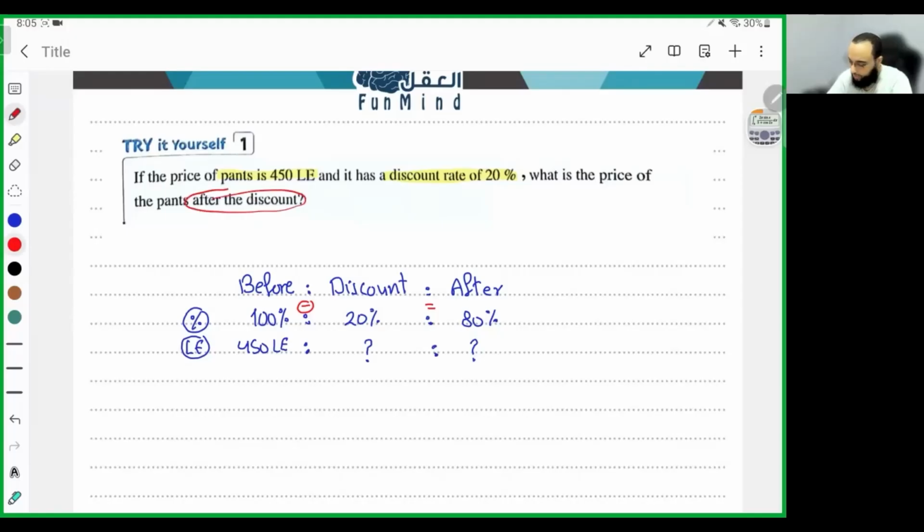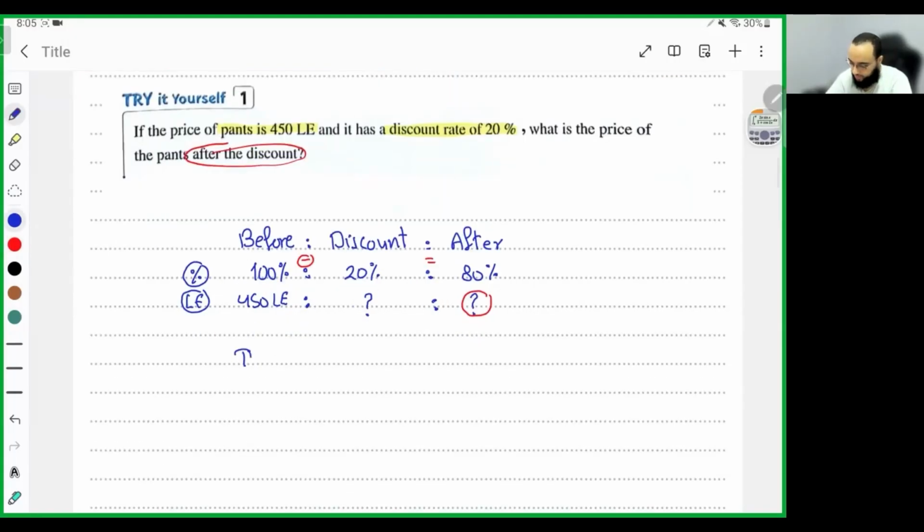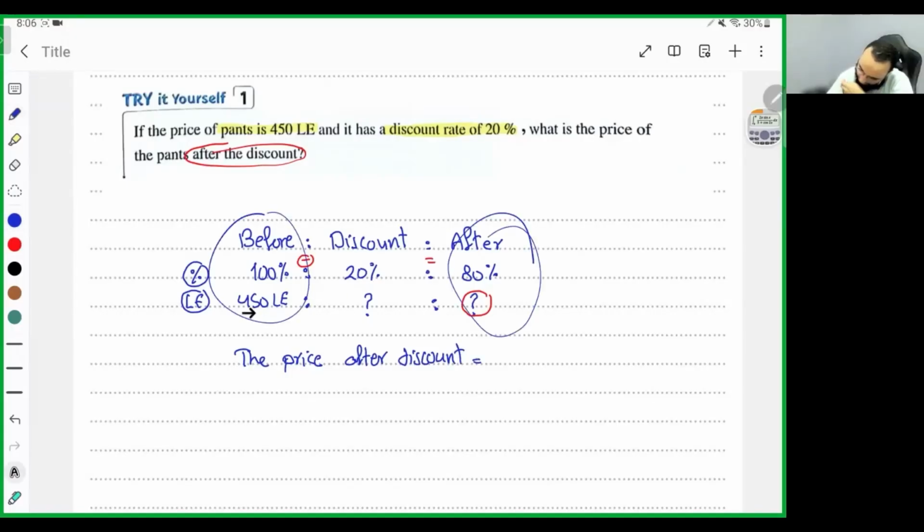So the price after the discount equals 450 times 80 over 100, without the percentage sign. You can delete 2 zeros with 2 zeros. It's 45 times 8: 8 times 5 is 40, write 0 and carry 4, 32 and 4 is 36, so 360 pounds.